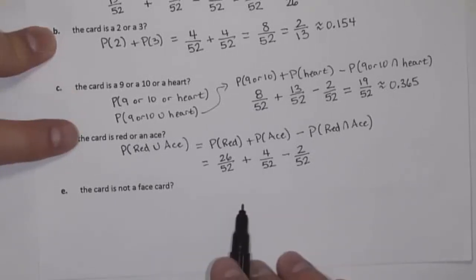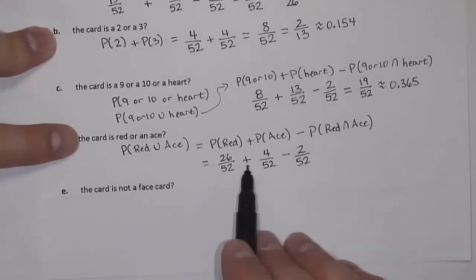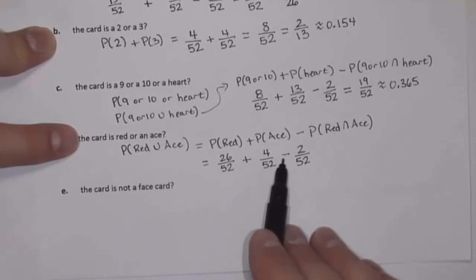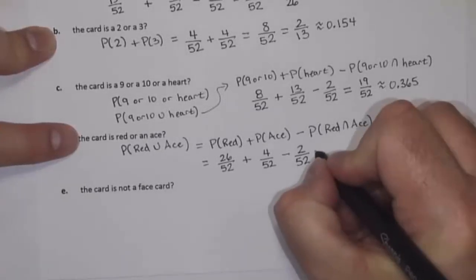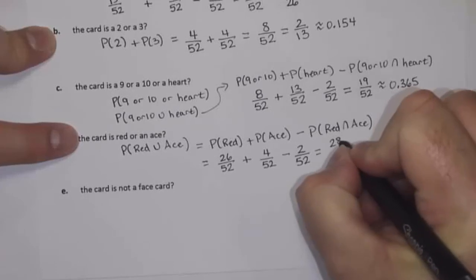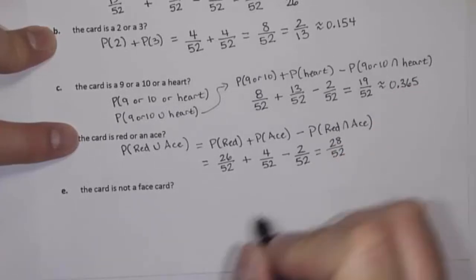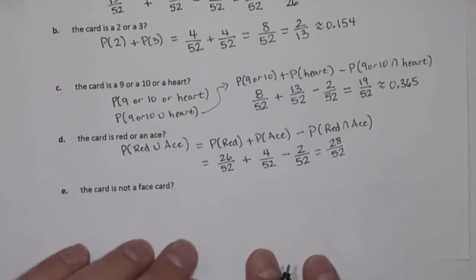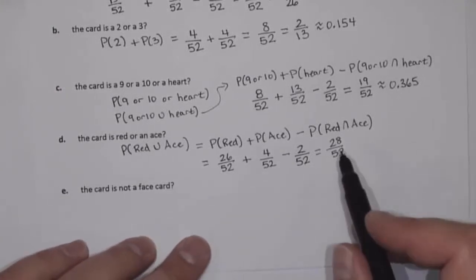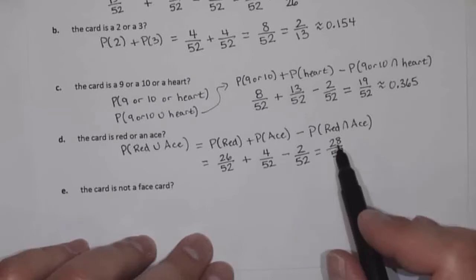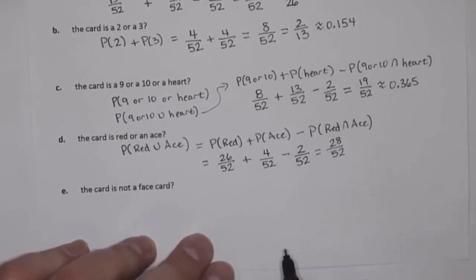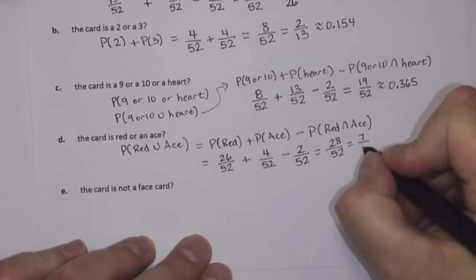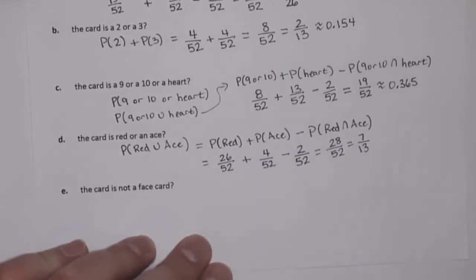So now if I add this up, 26 out of 52 plus 4 out of 52, that's 30 out of 52, minus 2 out of 52, that is 28 out of 52. So the probability that the card is red or an ace is 28 out of 52. Again, that will reduce. 28 and 52 can both be divided by 4. 28 divided by 4 is 7. 52 divided by 4 is 13.